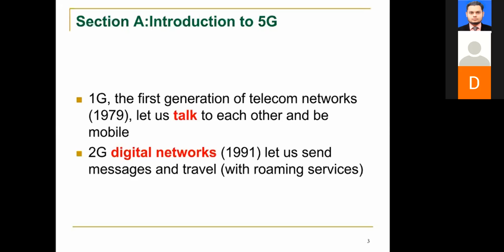Later in 1991, the second generation became much more digitized. Now limited digital service in the form of text messaging is possible, with limited capability of roaming. Roaming means you can travel from one place to another, which previously was not easy or even possible.